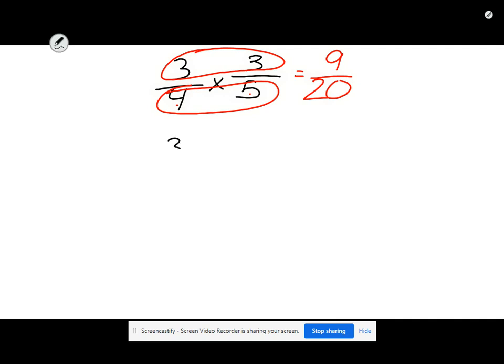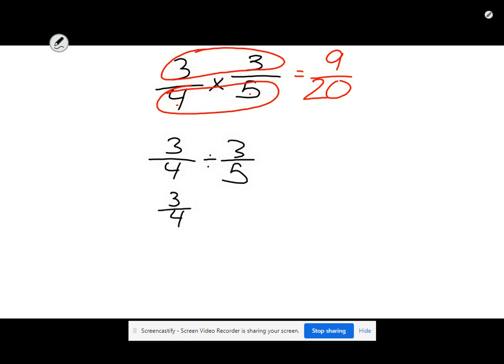What about if we're going to divide? 3/4 divided by 3/5. What do I do? How do I divide fractions? Regan. You flip your second fraction and then multiply it.